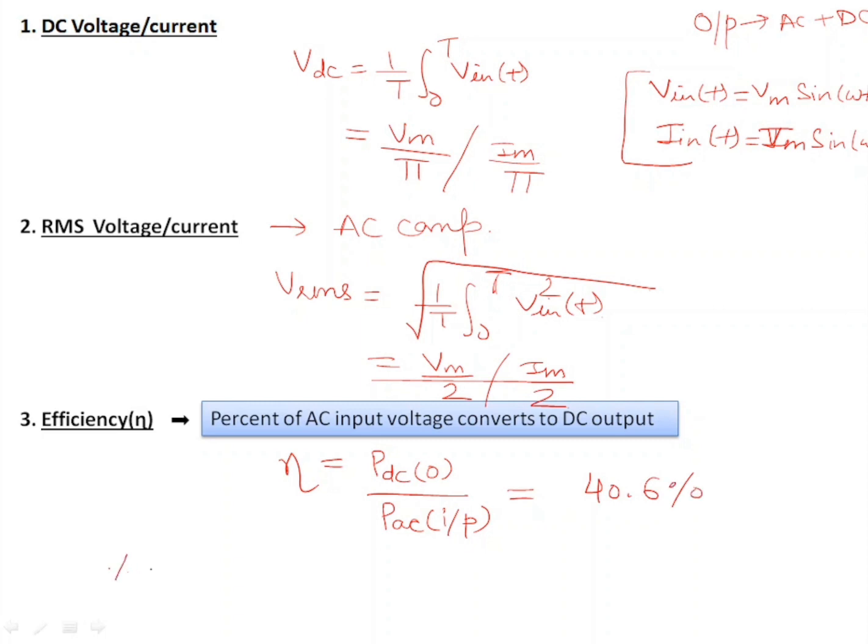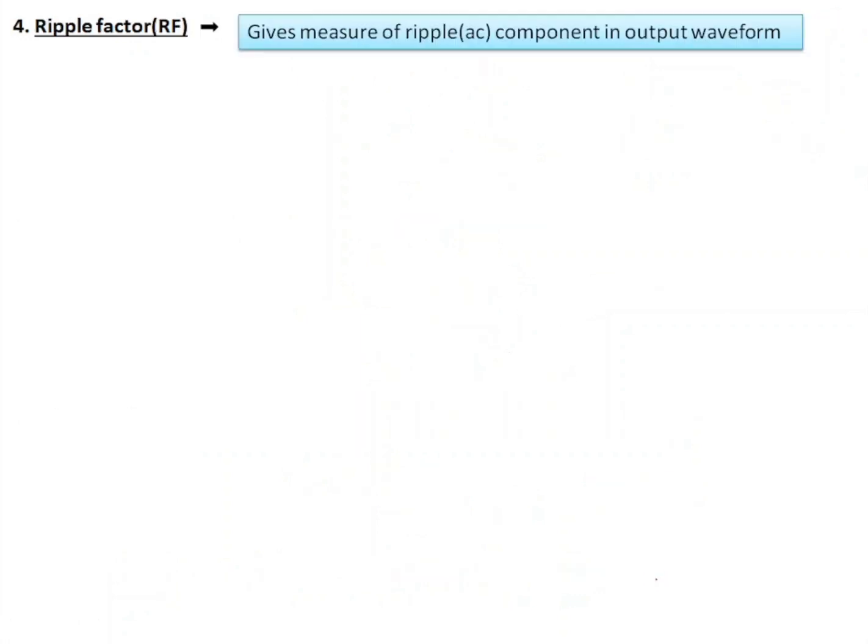It gives us the percent of AC input converted to DC. If AC input is considered as 100, then only 40.6 of that 100 is converted to DC. That means around 60% is still AC. So this is not desirable.